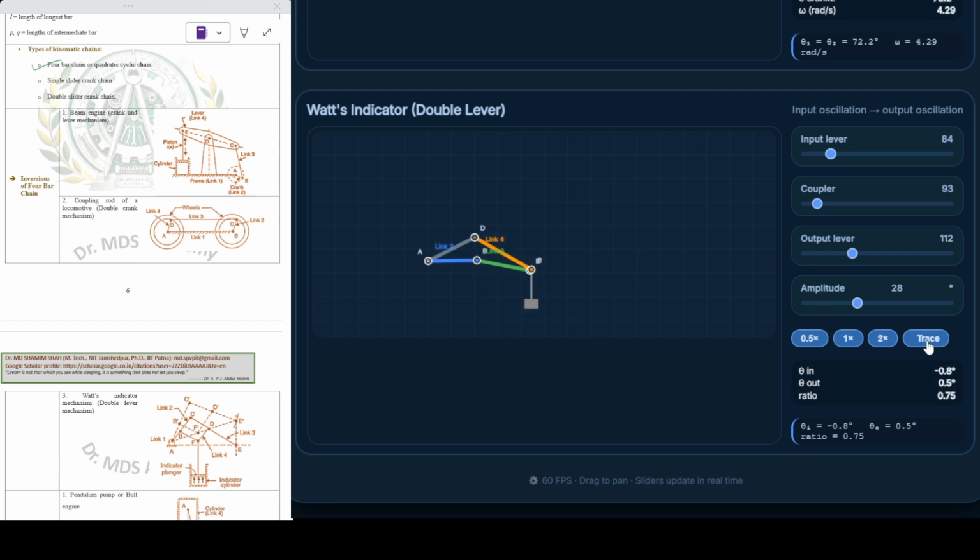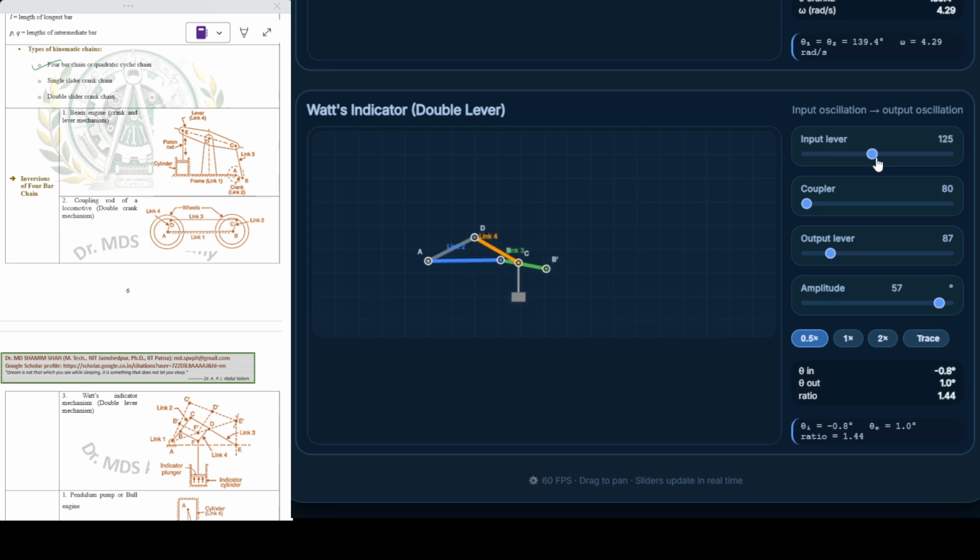So just see how the piston is doing the up and down. Make it a little smaller. See, you can notice how it is moving up and down.